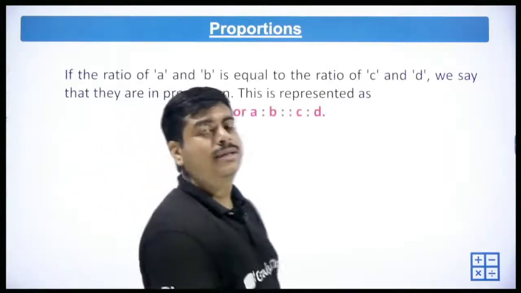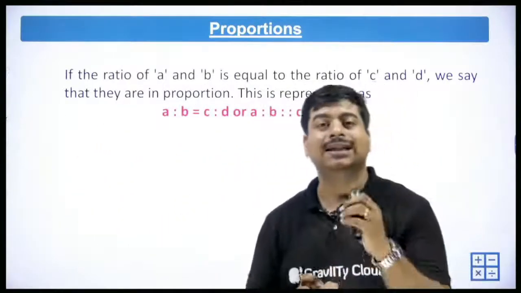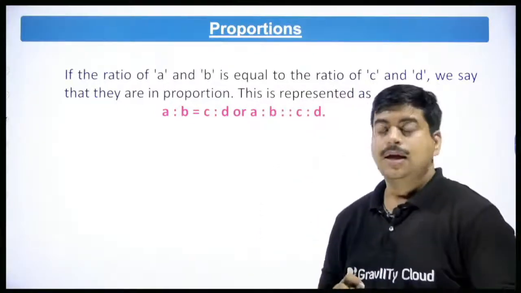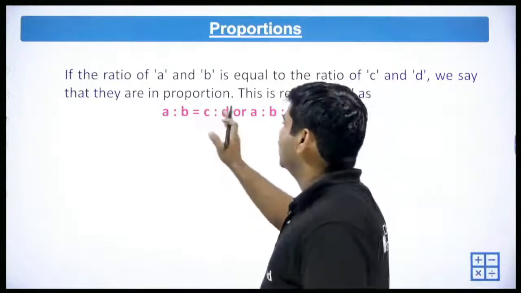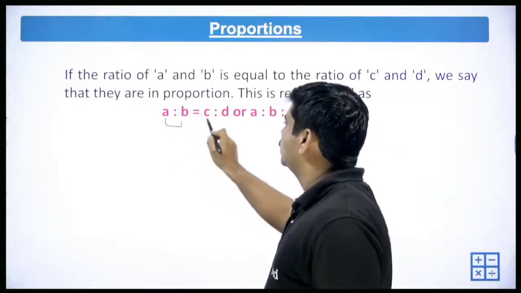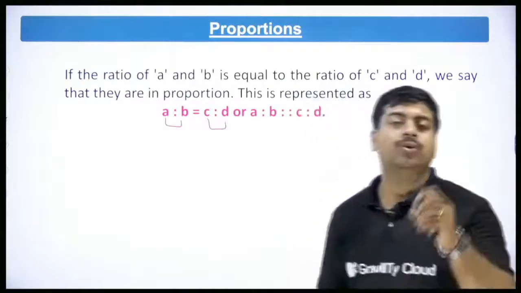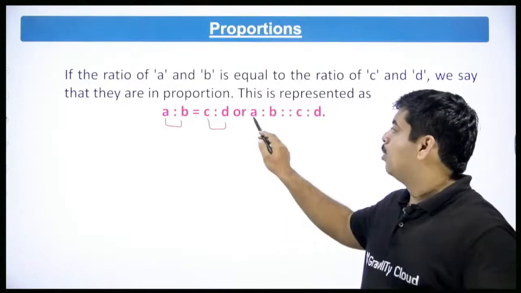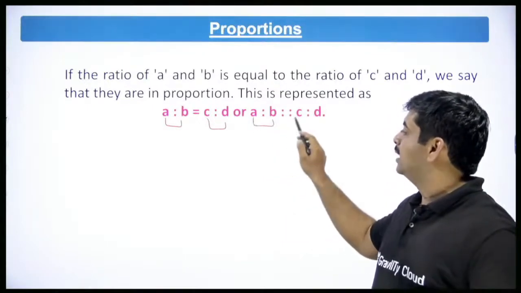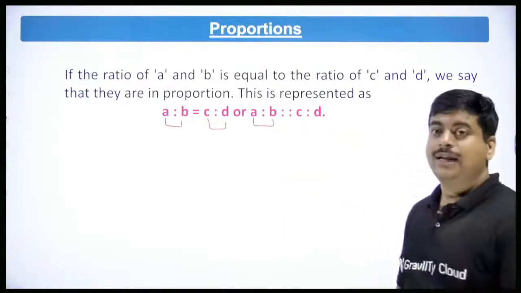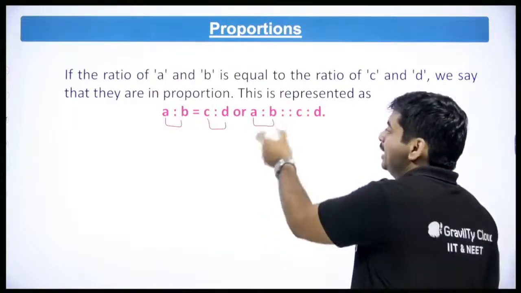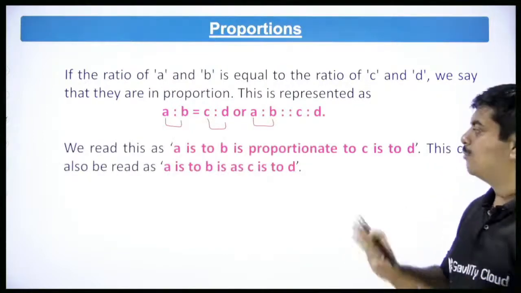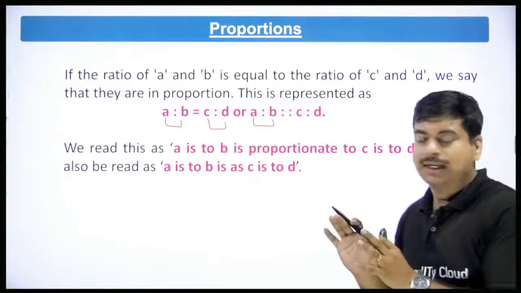Let us discuss more about proportion and how to see whether numbers are in proportion or not. So A is to B and C is to D. If these two ratios are the same, you can write A is to B is to C is to D, which we read as A is to B is as C is to D, or A is to B is proportionate to C is to D. We have discussed all this about proportions in the last class, correct?